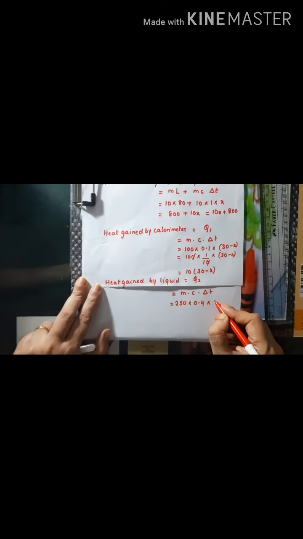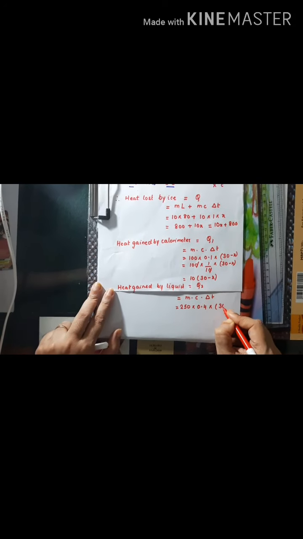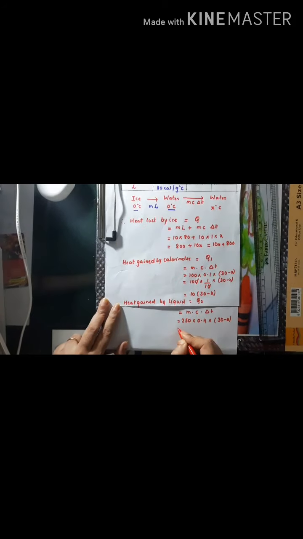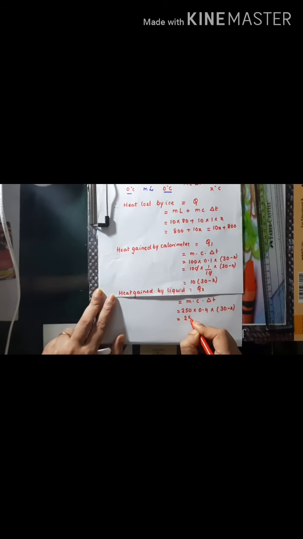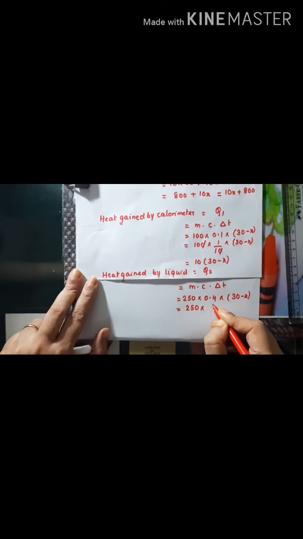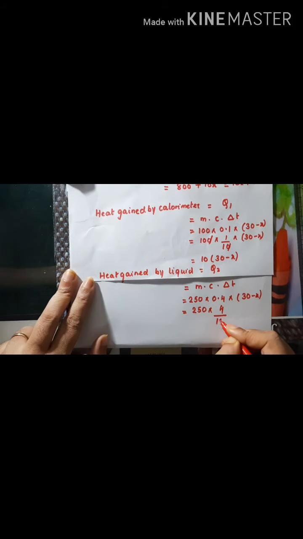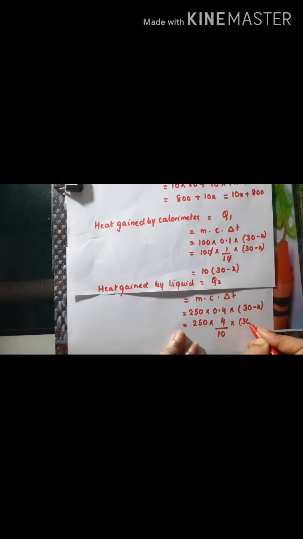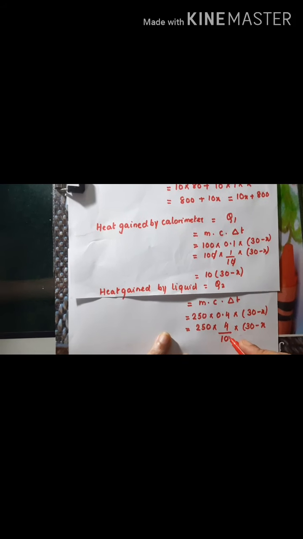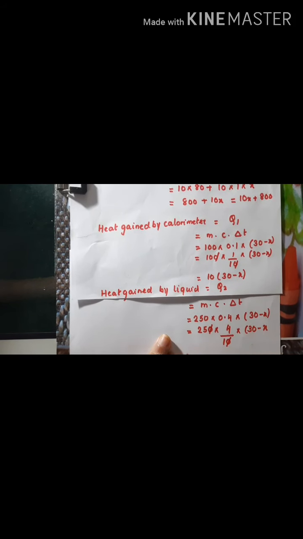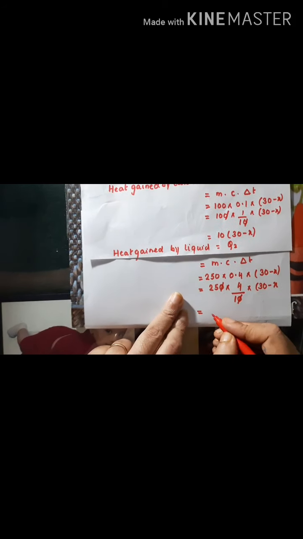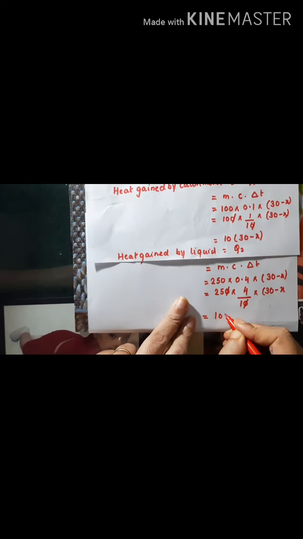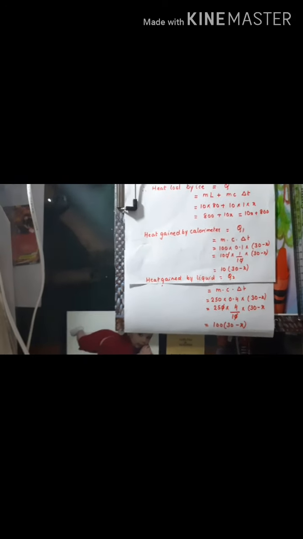Delta T is 30 minus x. Once again, 250 into 4 upon 10 into 30 minus x. This 0 cancels. So 25 fours are 100 into 30 minus x.